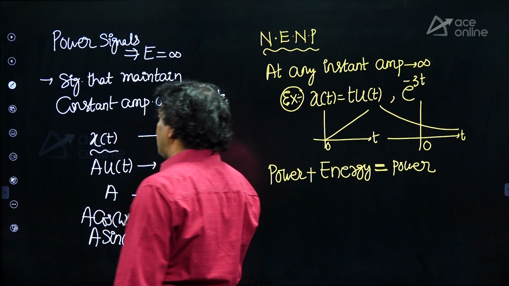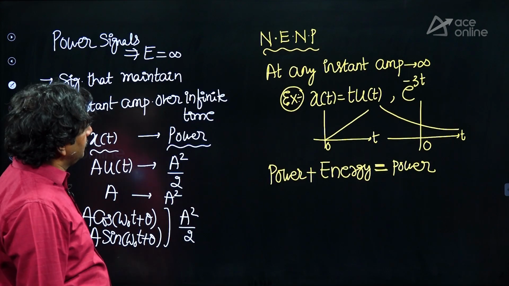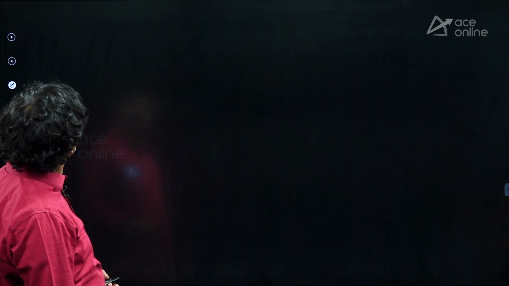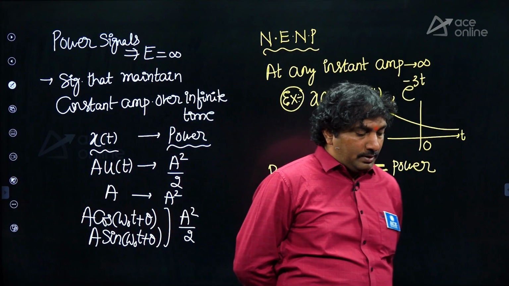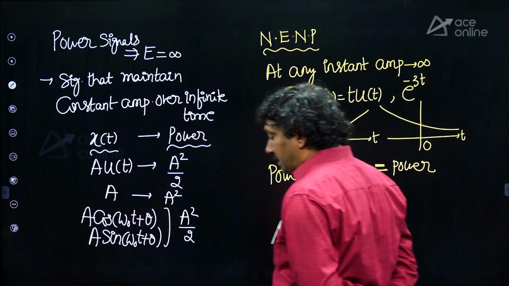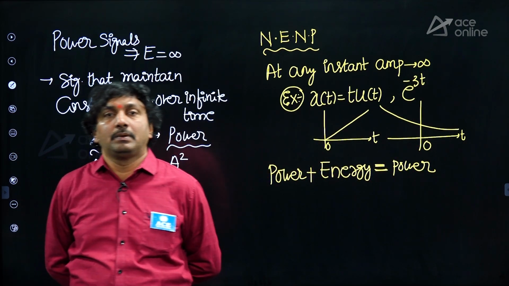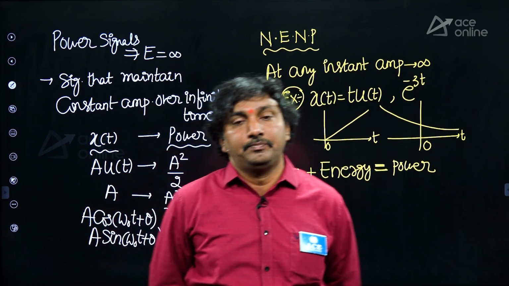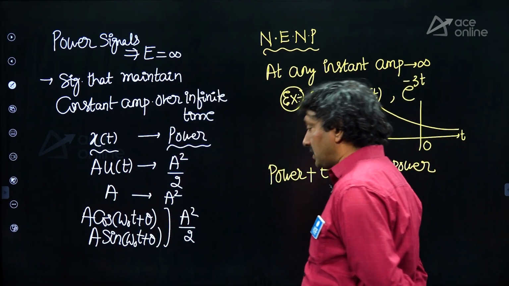Energy and power signals is a regular model for us with respect to exam. Energy signal has average power 0, power signal has energy infinity. A signal cannot be both an energy and a power signal simultaneously.